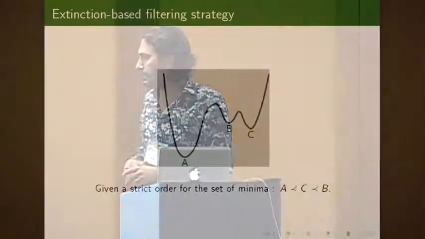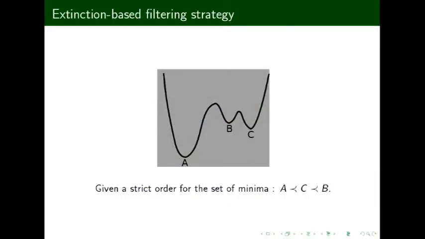Okay, how do you use that? Here is an energy function. You have A, B, C, two minima, that you can order. Here, for example, A is lower than C and lower than B. This order is arbitrary, it depends on what you want to do.